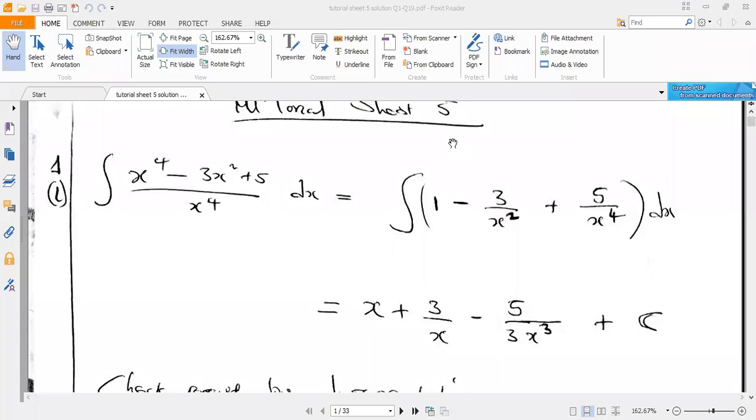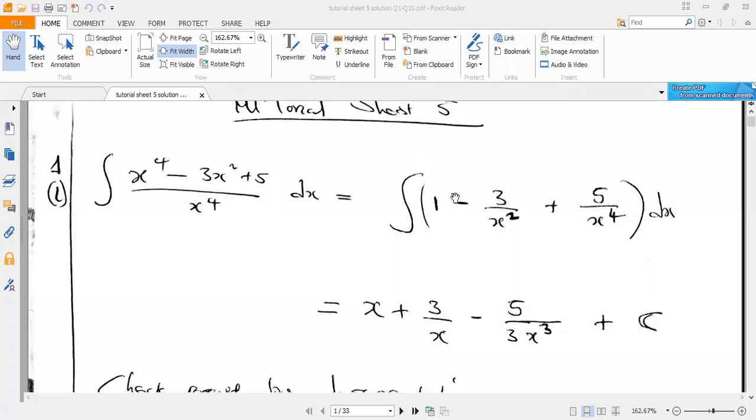As we know, when you are adding whatever is on top and you have a common denominator, you can simply split them. Then you have x^4 over x^4 minus 3x^2 over x^4 plus 5 over x^4 dx. Now x^4 over x^4 gives us 1.